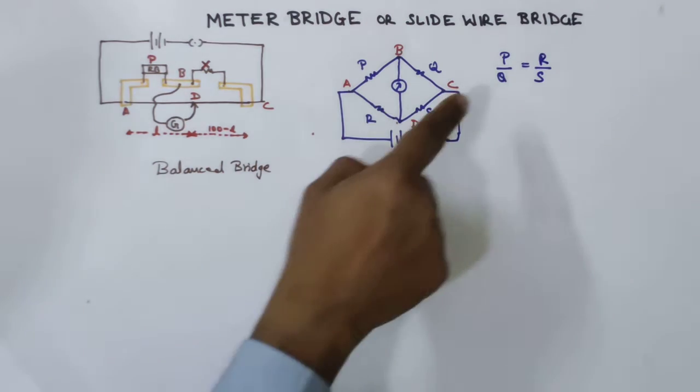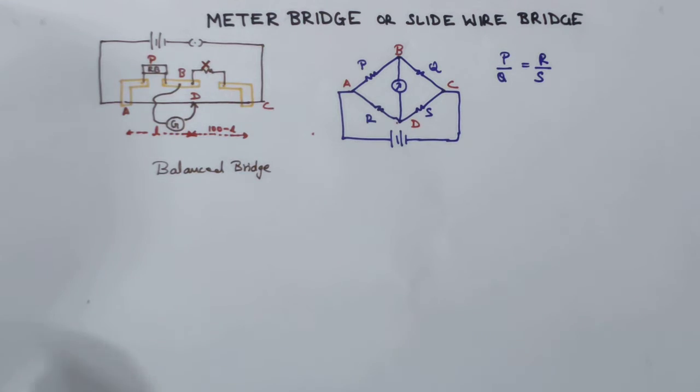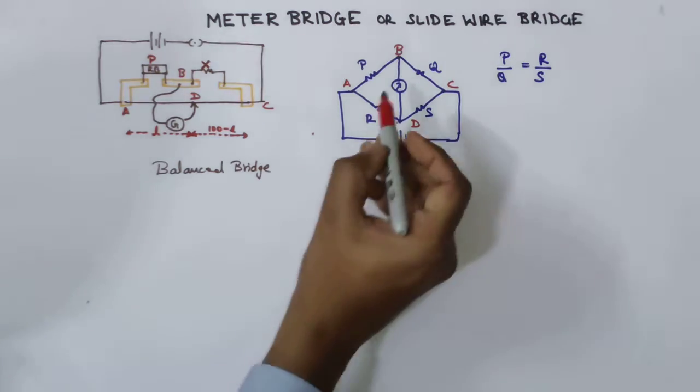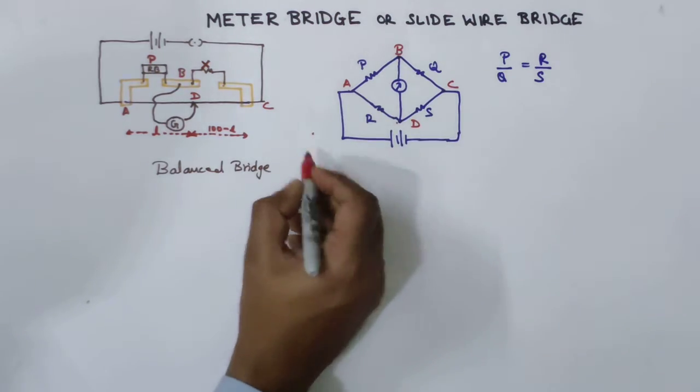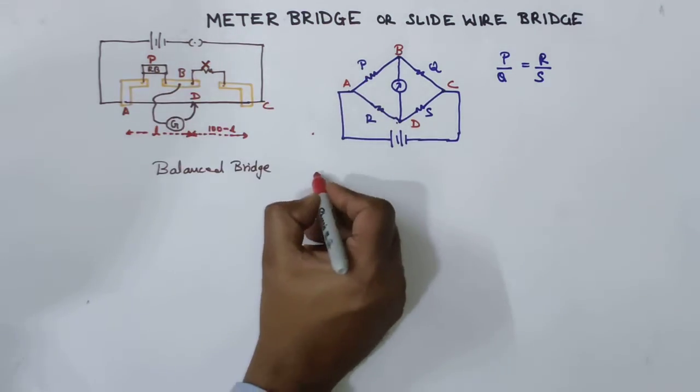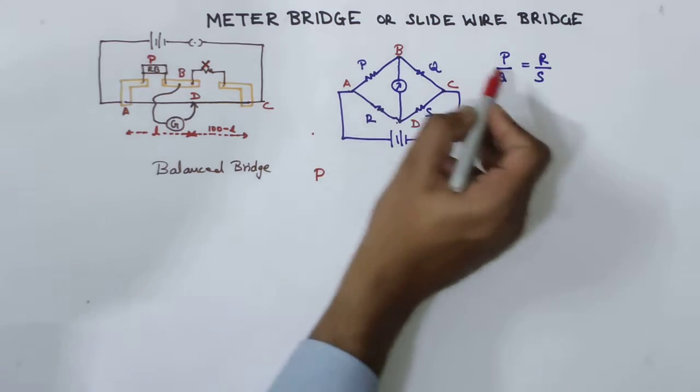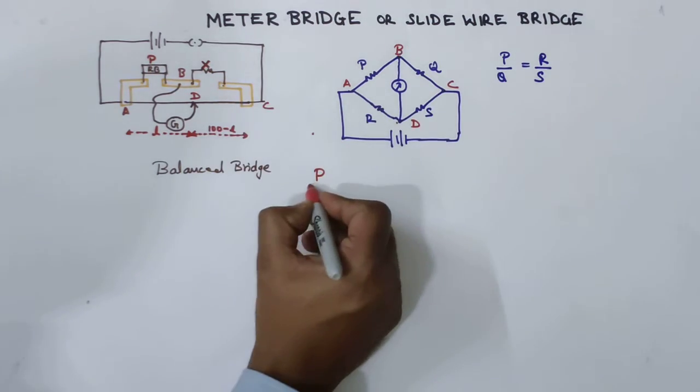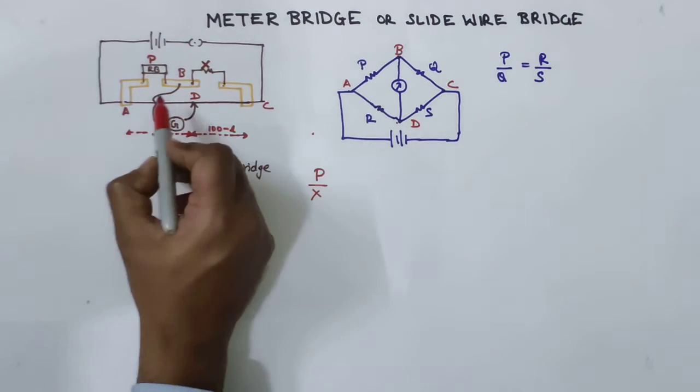Now, if I write the same P upon Q equals R upon S for this setup, how can we write that? Instead of resistance P, we are writing the resistance P itself, because here both the resistors we have taken as P. Now, instead of Q, we are writing X over here.